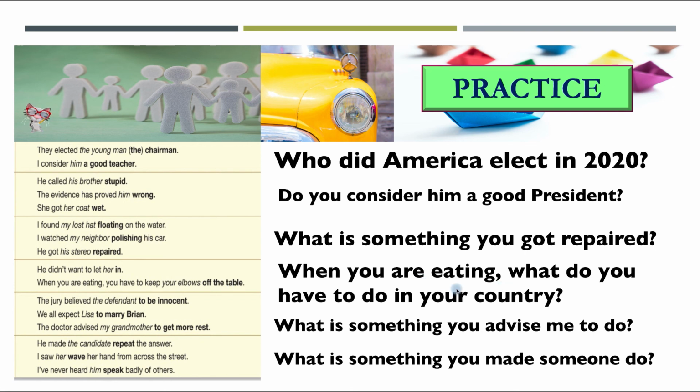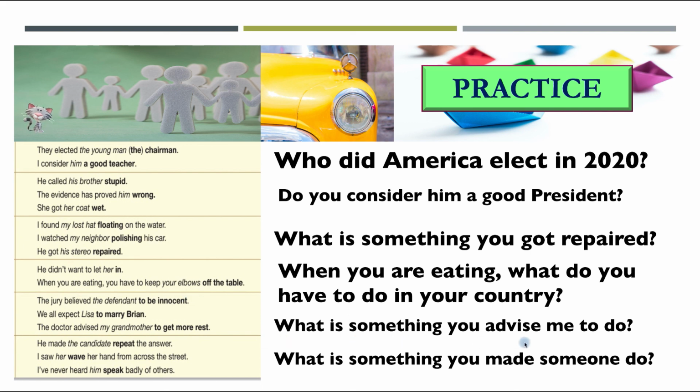When you are eating, what do you have to do in your country? When I am eating in my country, I have to keep my elbows off the table. Yeah, my parents told me that. Strangely enough, I don't listen to that anymore. I guess I got too old.